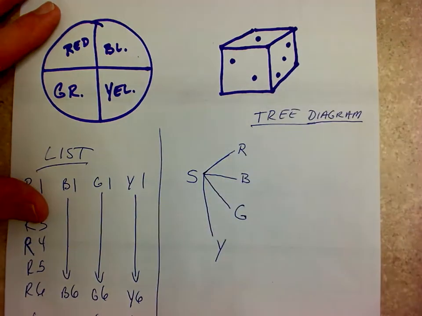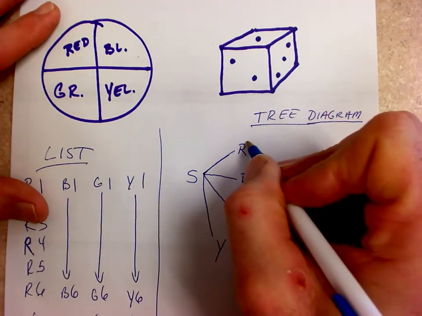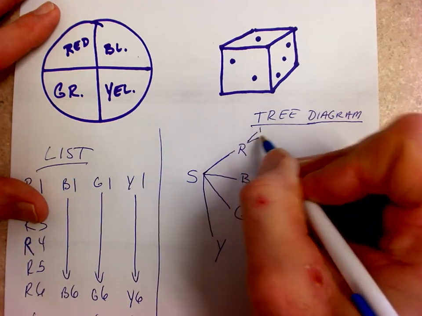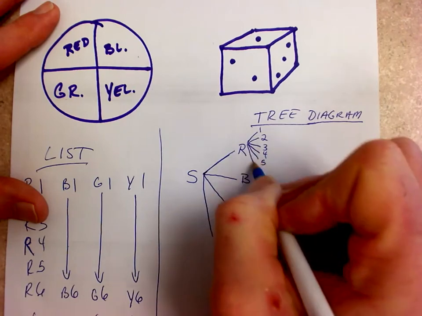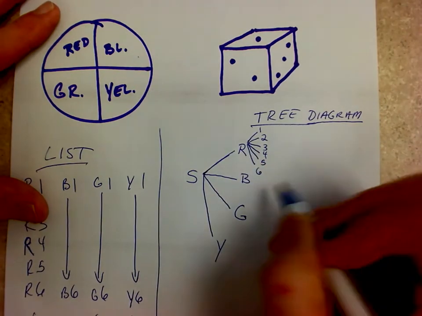Second year growth is all going to be numbers. Coming off the red, we need a branch for 1, a branch for 2, a branch for 3, 4, 5, and 6.